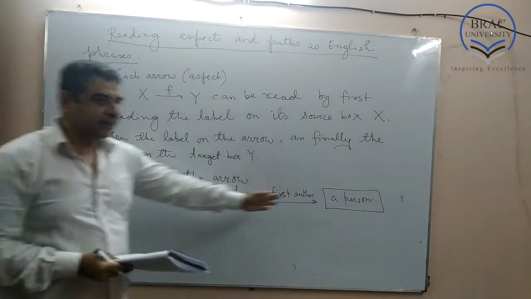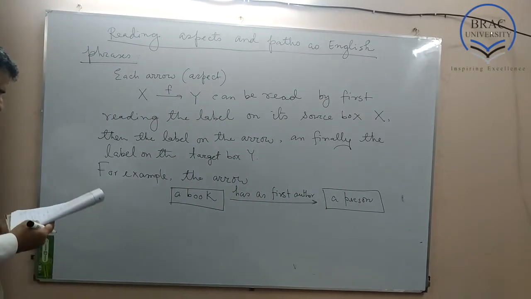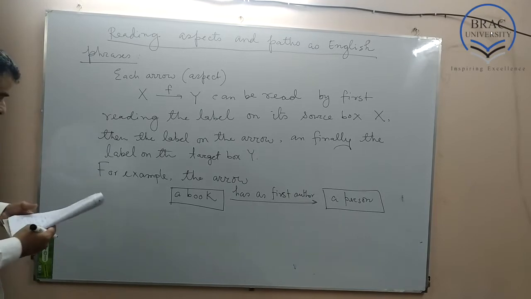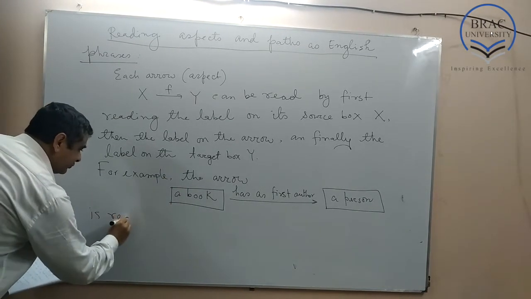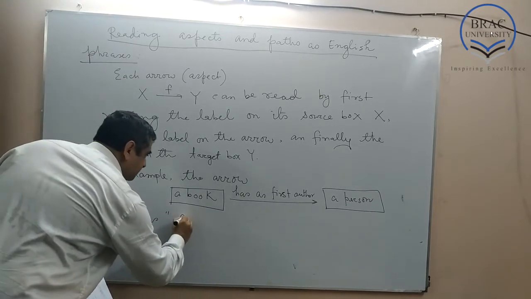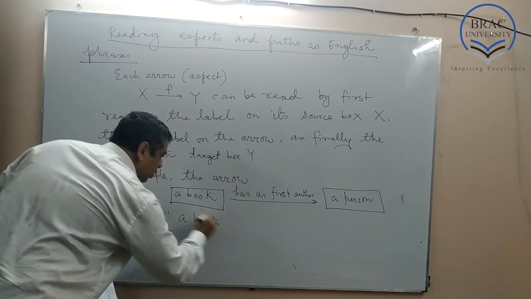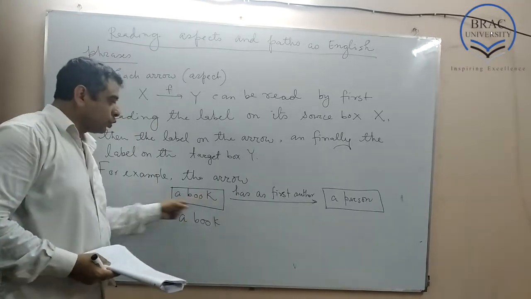So this is the path. How do we read this path? It is to be read as a book, which is the label on the source box.